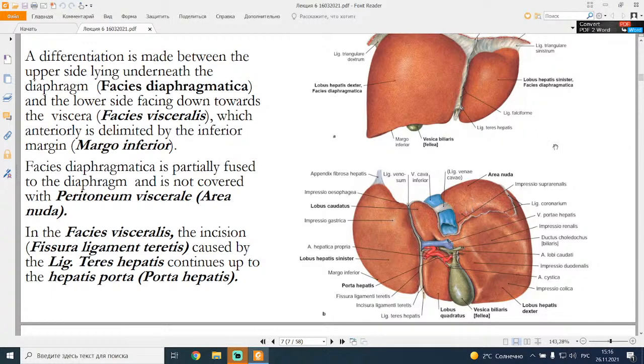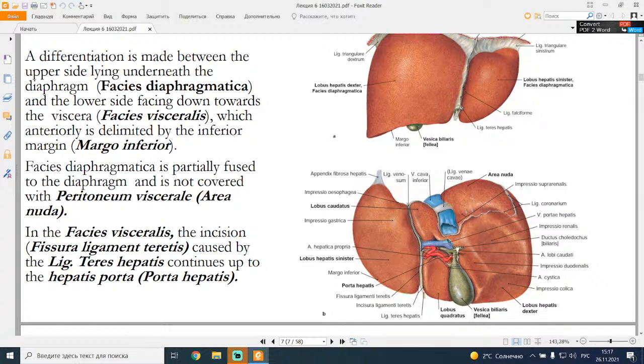Facies diaphragmatica is partially fused to the diaphragm and is not covered with peritoneum viscerale. You see area nuda. In the facies visceralis, the incision, fissura ligamenti teretis, caused by the ligamentum teres hepatis, continues up to the porta hepatis.